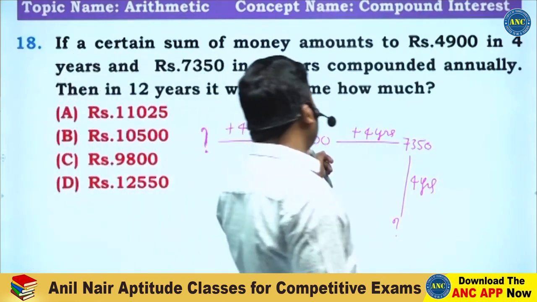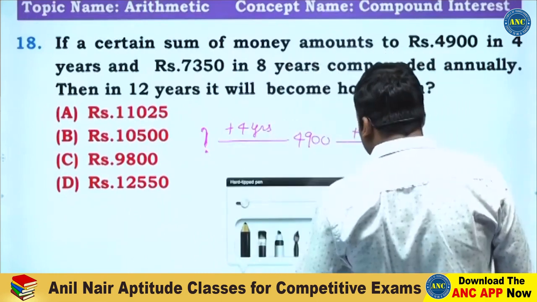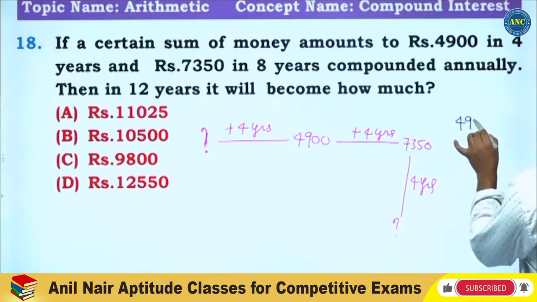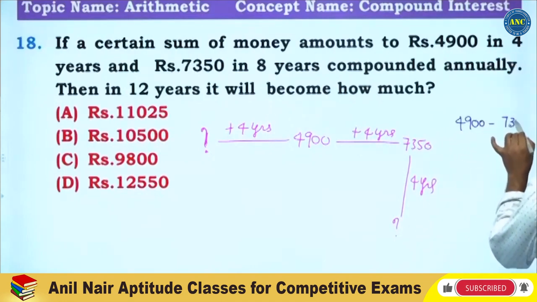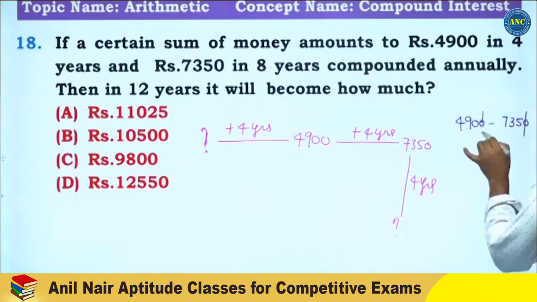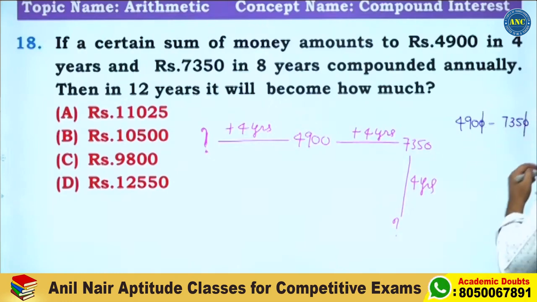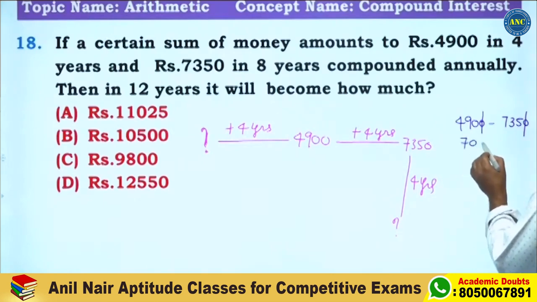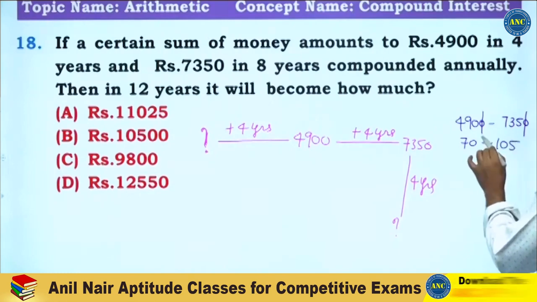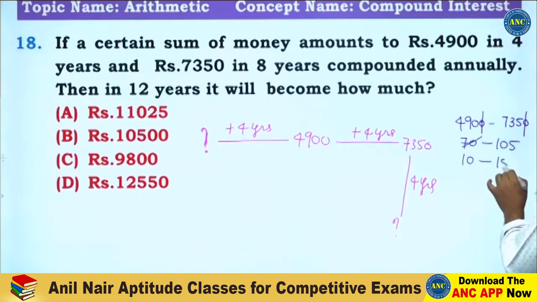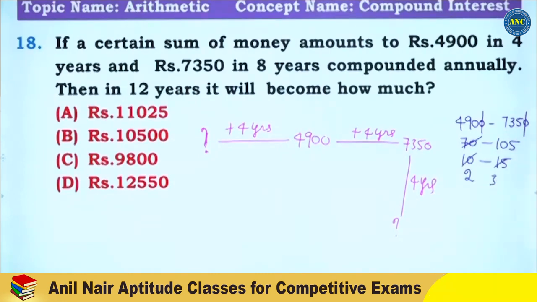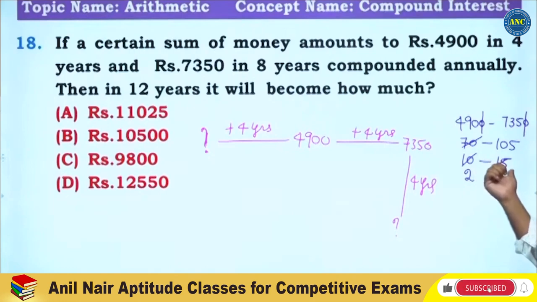See here, 4,900 is becoming 7,350. 0s cancel, so it is 49 to 73.5, that is 2:3. 245 3s are 735, 245 2s are 490.